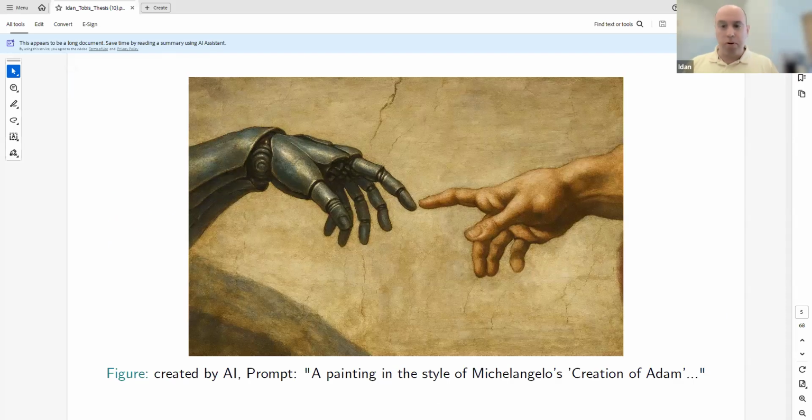So what's the problem with that? I'd like to start with this image. It's a paraphrase on Michelangelo's Creation of Adam. I asked Copilot to create a similar image, but where man creates AI. Can you see the problem here? Anybody sees the problem with this image?